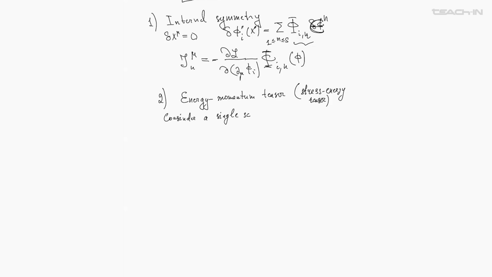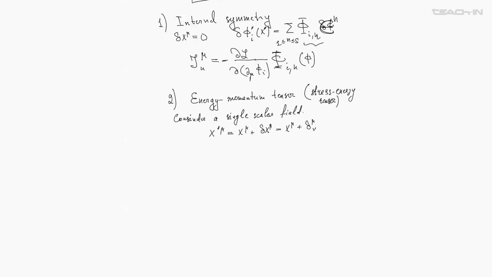And the transformations which we will perform are translations of space-time coordinates. So x'^μ is equal to x^μ plus delta x^μ, and this delta x^μ is simply a shift, which I can write in the following form. I introduce the Kronecker delta symbol δ^μ_ν multiplied with epsilon^ν. Epsilon^ν are constant parameters of my transformations, constant shifts.